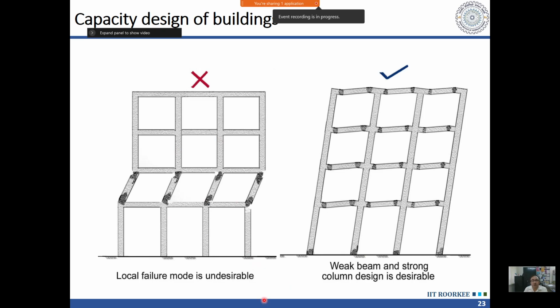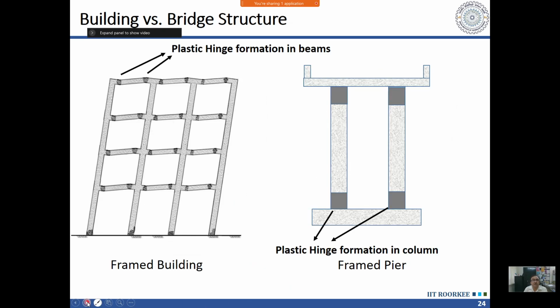Now, the same thing is not possible in case of a bridge. If we compare this ductile building frame with a bridge, this type of failure is not possible, because we cannot have hinges in our pier cap. So in case of bridges, the hinges occur at the top and bottom of the piers. If it is a framed pier, with multiple column bents, then the hinges will form at top and bottom.